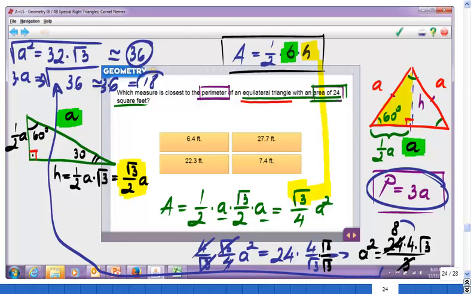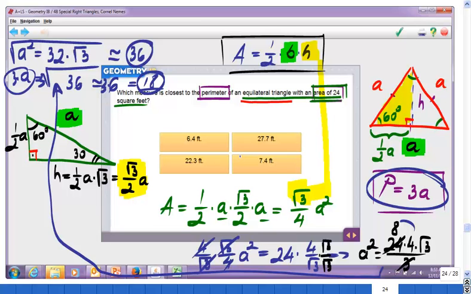Obviously I have a lot of approximations in here from that 32 times square root 3, and my number is definitely less than what the real value should be for the perimeter.